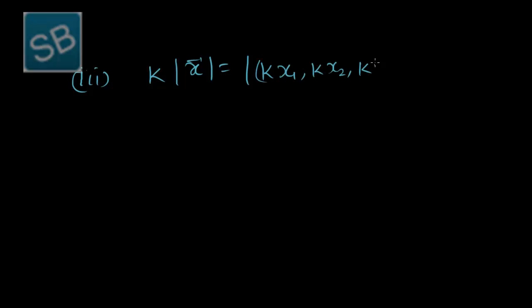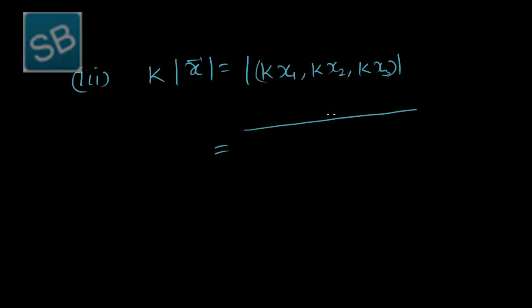Now the third property: modulus of k times x, that is the modulus of (k x1, k x2, k x3), equals modulus k times modulus x. We will check this.